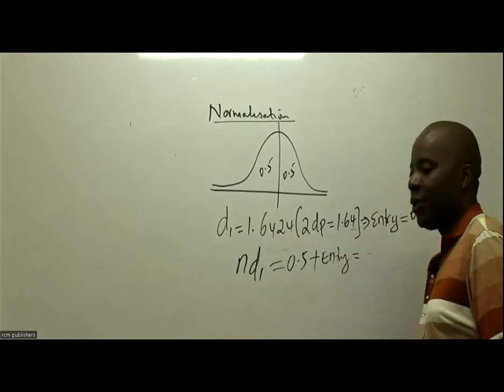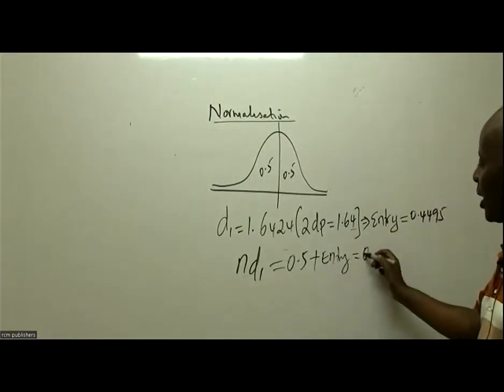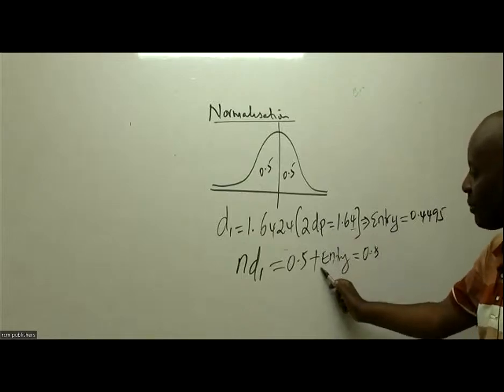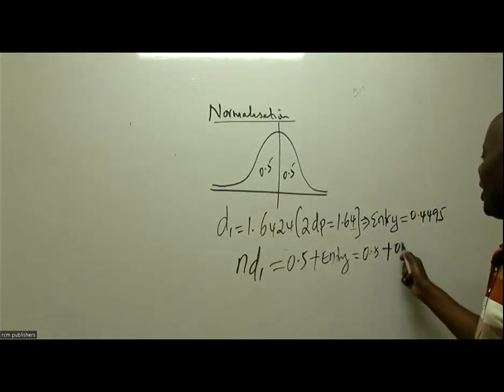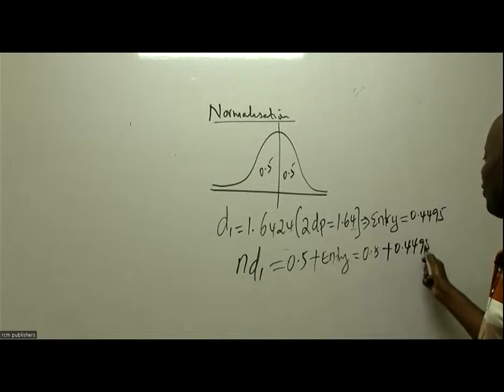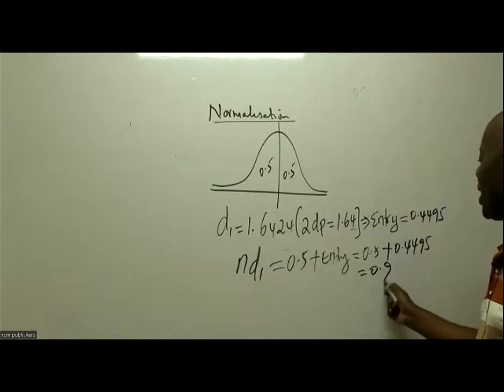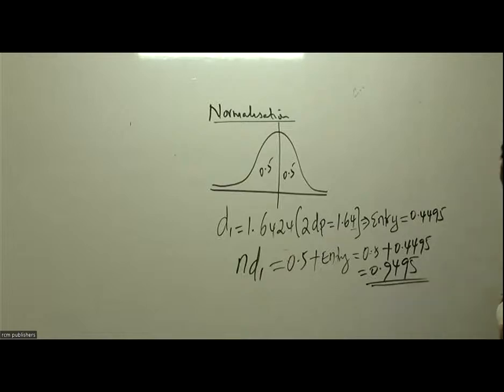I'm saying plus here because D1 is positive. If D1 was negative, I would have said 0.5 minus the entry. So this will be 0.5 plus the entry, which is 0.4495, which gives me 0.9495, like that. That is the answer.